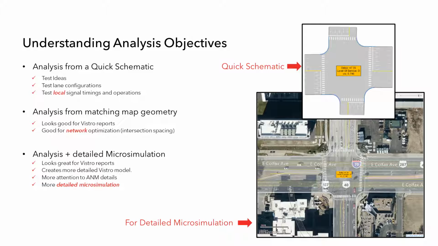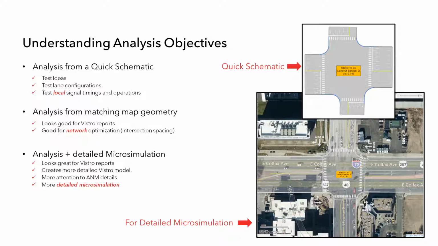So when modeling your alternative intersection or any project really, it's important to understand what your overall analysis objective is. This sets the scope and the depth of your model and how you lay it out. For example, if you need to quickly test an idea or a lane configuration, you can just create a schematic as you see in this top picture right here.